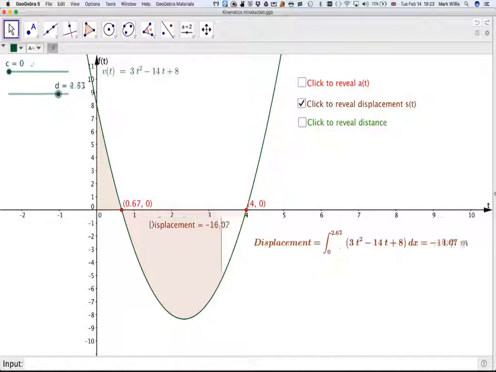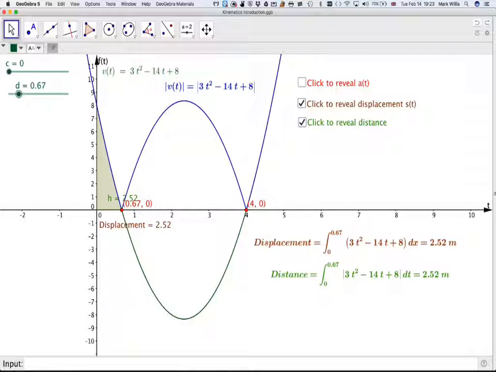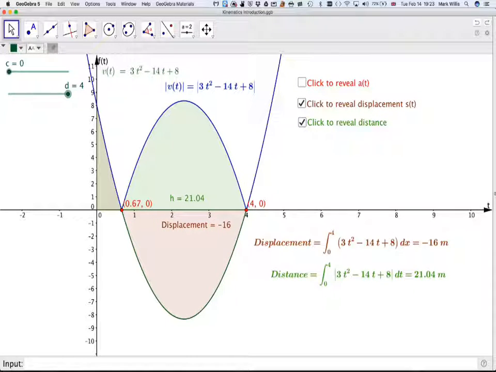Okay, this applet will be included as a link in the notes of the video. So just look at them both together. The first bit's the same, and then by doing the absolute value function, it starts taking the positive value, so it adds it all up.